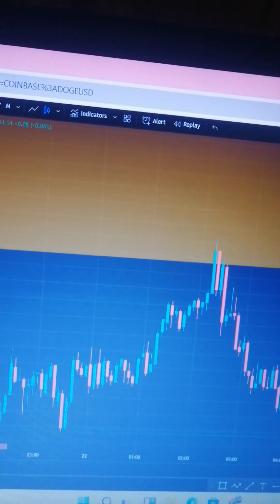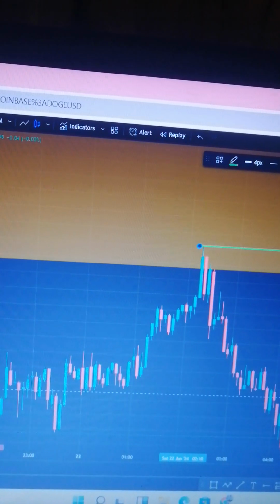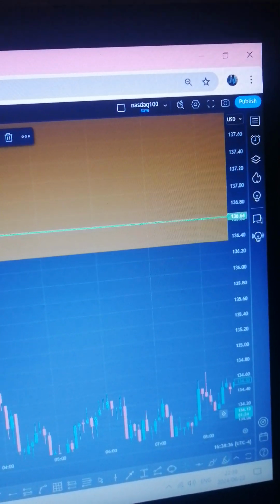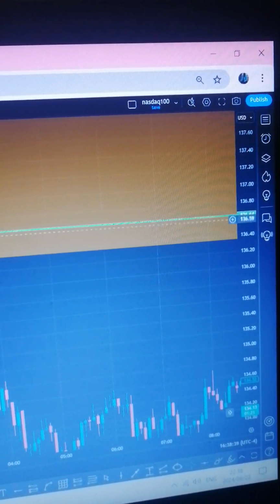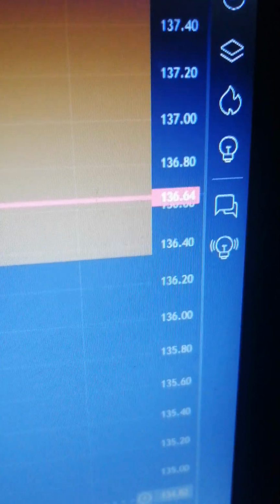So when the price reached this zone, the price of Solana went up to here, $136.64. That's where the price went to, and then the value of Solana started decreasing. Let me change the color of this to make it red. See, the price went up to that place in this yellow zone, which is the 4-hour order block.